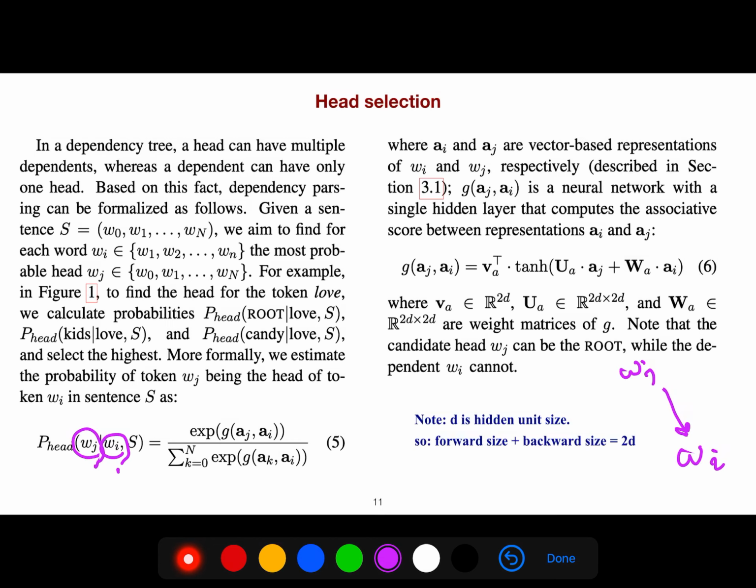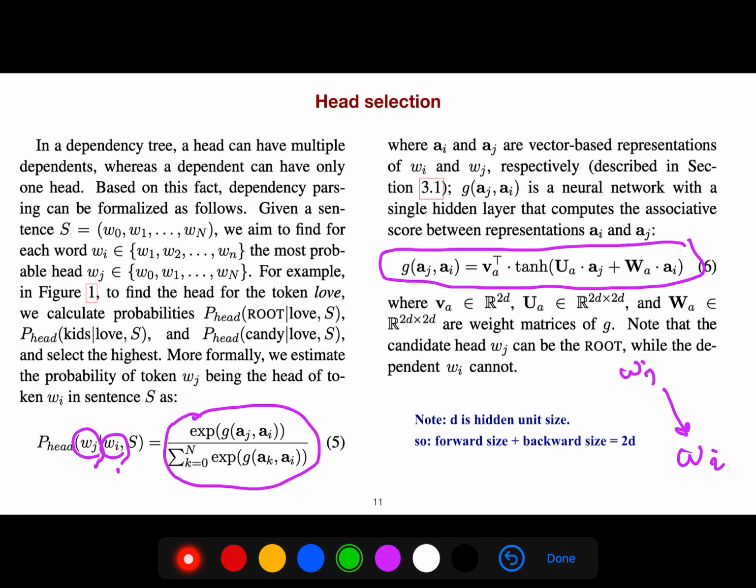For modeling this, we use the softmax of g, and g is a function that is a combination of i and j. We should learn these parameters W_a and U_a. This is the activation function, with a dot product with v_a. And this U_a is of size 2d, because d is the hidden unit size of your LSTM, and because we have a BiLSTM, d plus d becomes 2d.